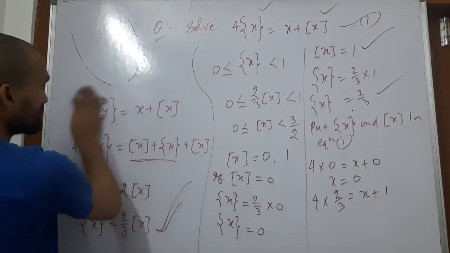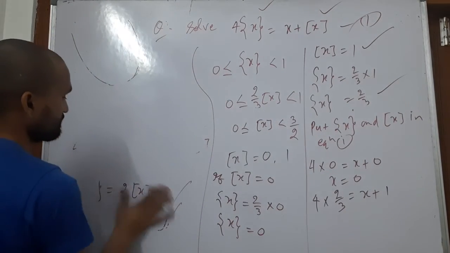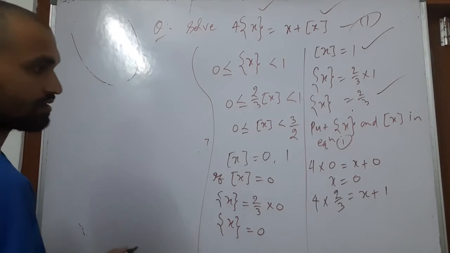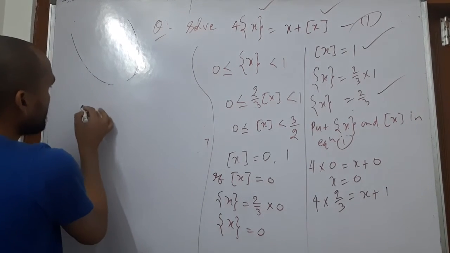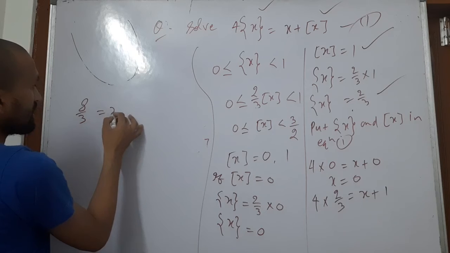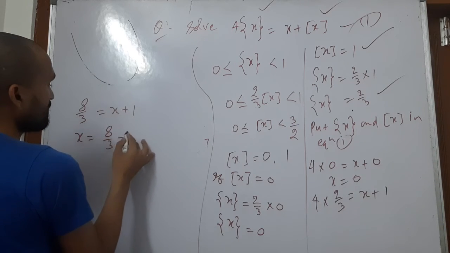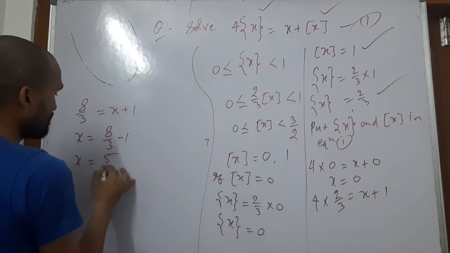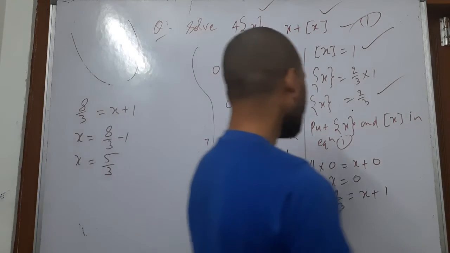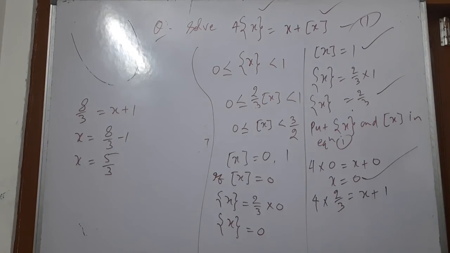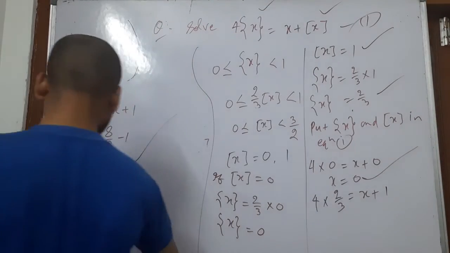After simplification, we get 8 by 3 is equal to x plus 1. Now x will be 8 by 3 minus 1, that is 5 by 3. So we have got two values of x. One is 0 and another one is 5 by 3.